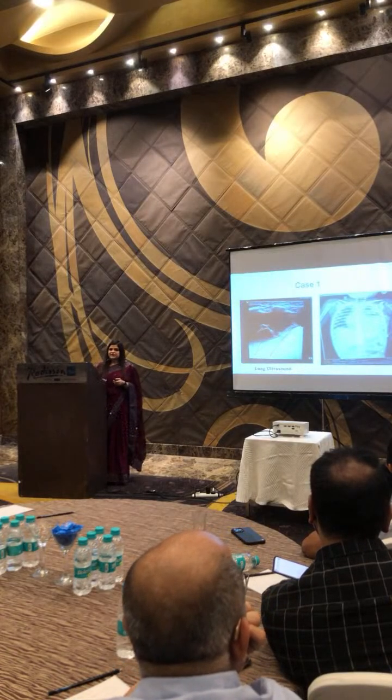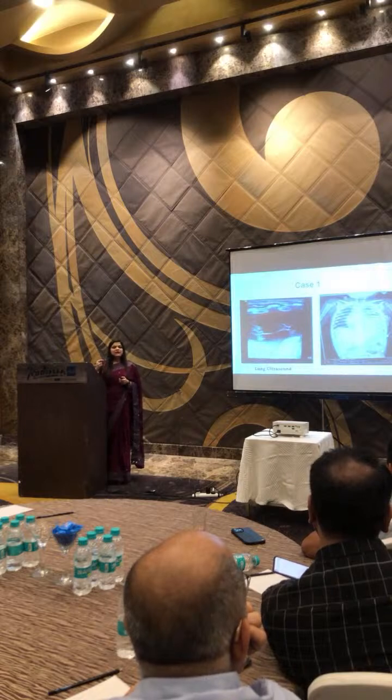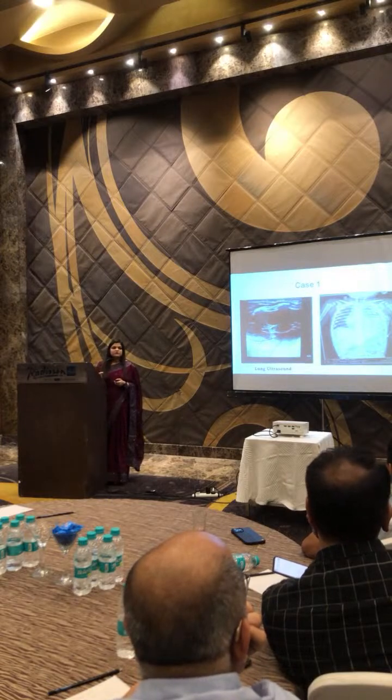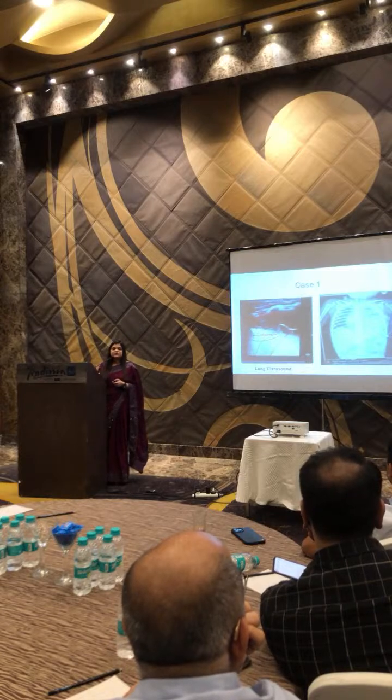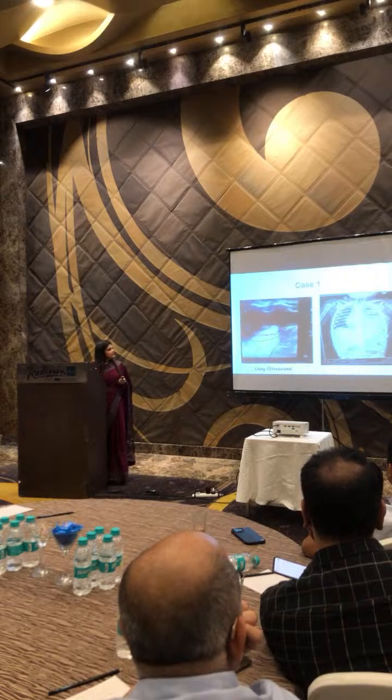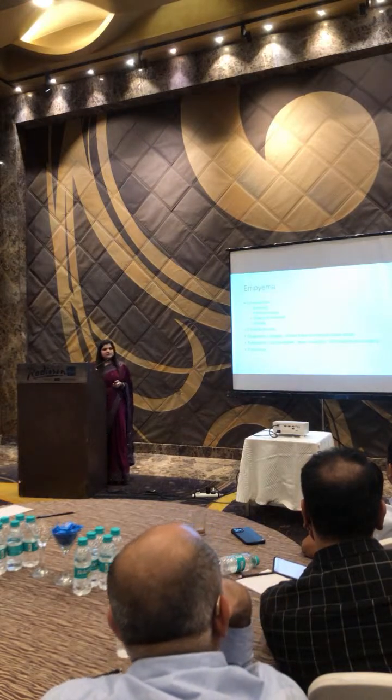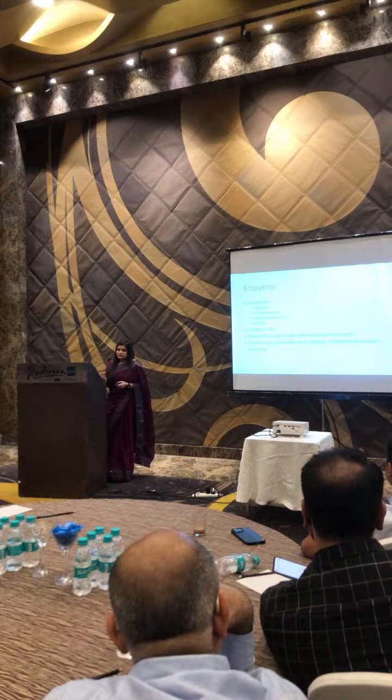Now we put in a chest tube. When I saw this X-ray and lung ultrasound, I was pretty confident that I was dealing with fluid in the lung, and I put in a chest tube. This is after the chest tube. We drained pus in this child.